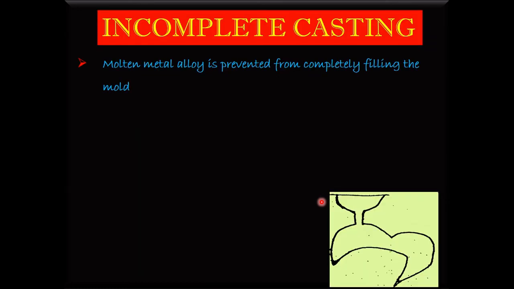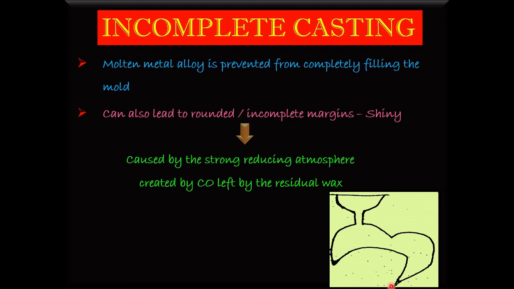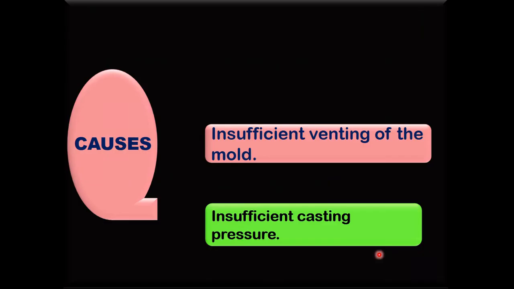Next is the incomplete casting. The molten metal alloy is prevented from completely filling the mold. Obviously in that case we will not have a complete casting, and it is manifested as rounded or incomplete margins. Often they appear shiny, and they are caused by the strong reducing atmosphere created by the carbon monoxide left by the residual wax.